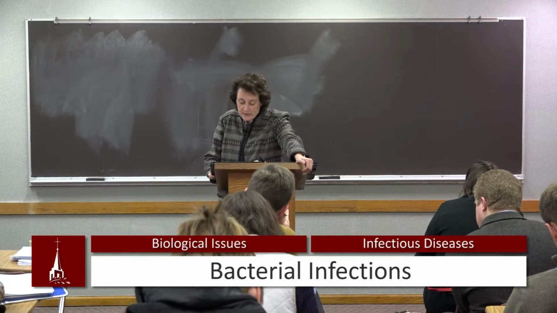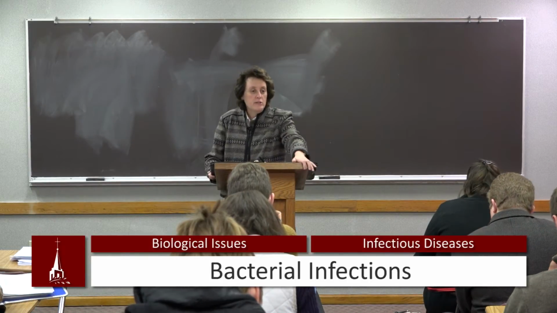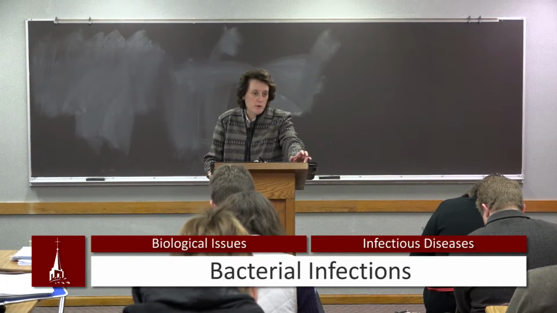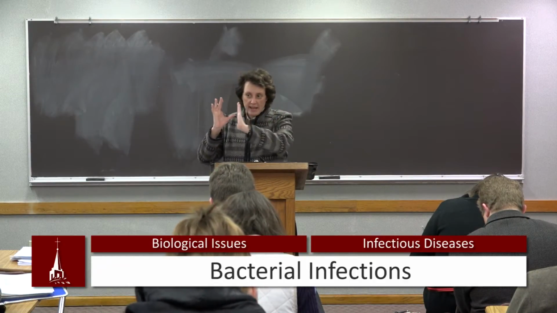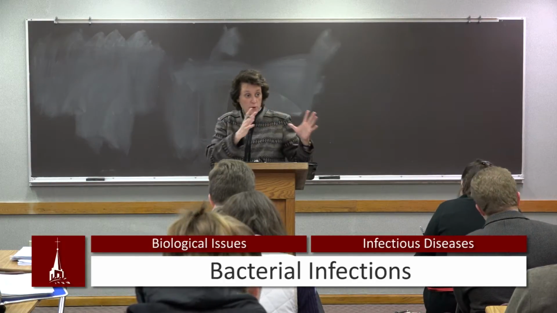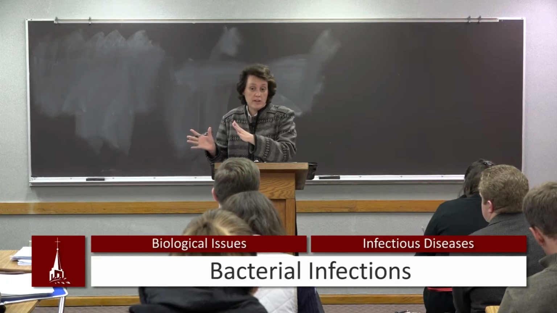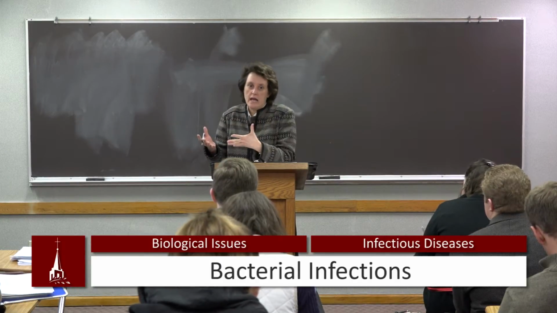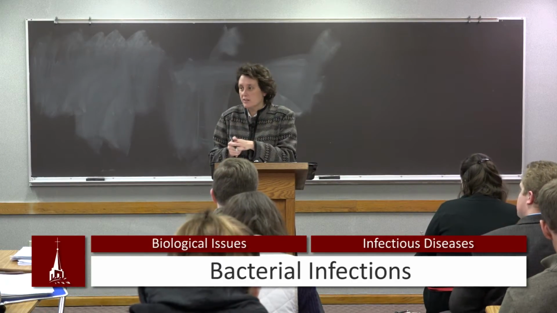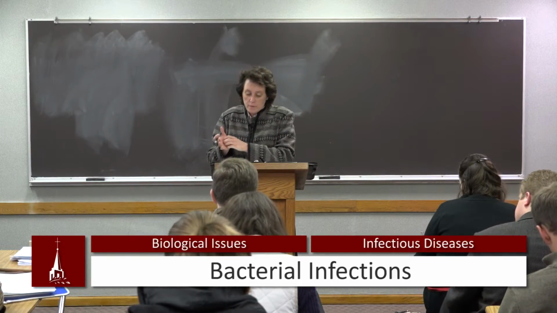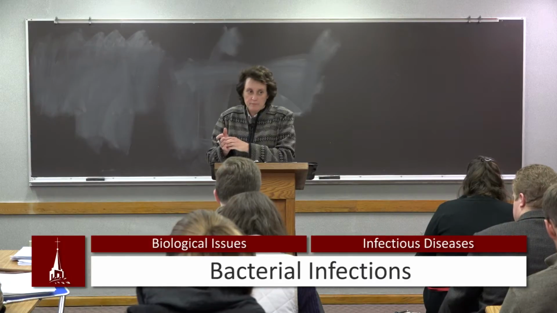Characteristics of bacteria. Bacteria are a different cell type than the cells that make up your body. There are 2 main categories of cells in biology: prokaryotic cells, which are very small and simple, and eukaryotic cells, which are 10 times bigger and make up your multicellular organisms, and some single cell as well. So bacteria are very simple.